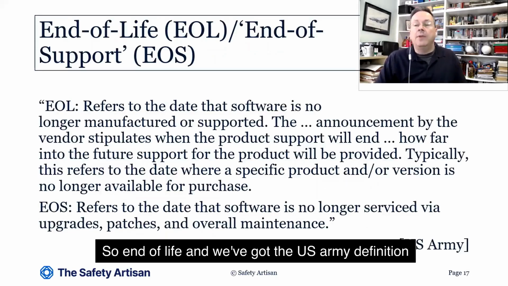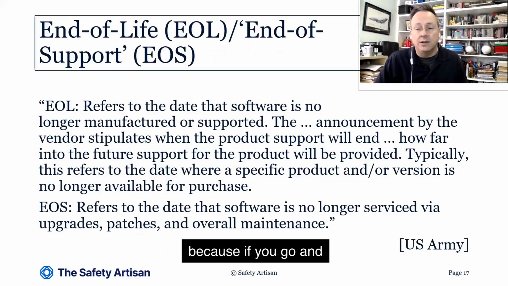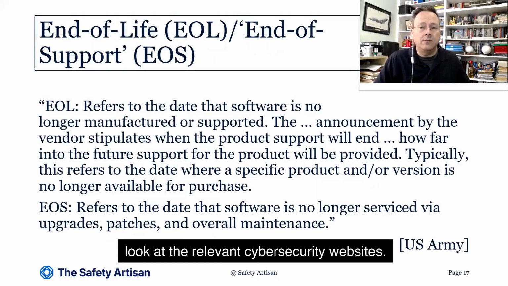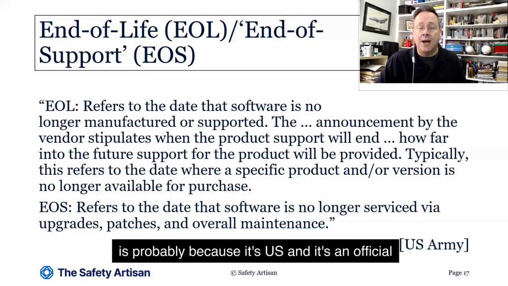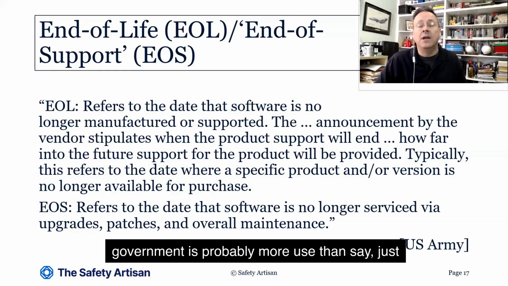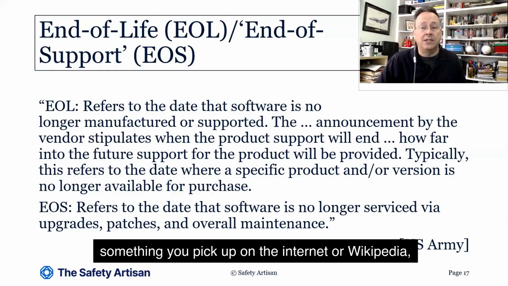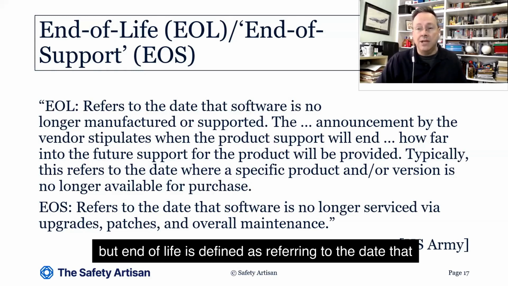So end of life, and we've got the US Army definition, because if you go and look at the relevant cybersecurity websites, this is what comes up. So here's an official term that is probably, because it's US and it's an official government term, of more use than, say, just something you pick up on the internet or Wikipedia.